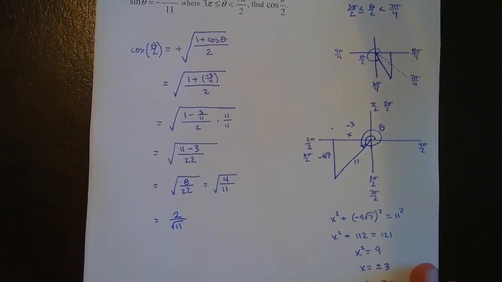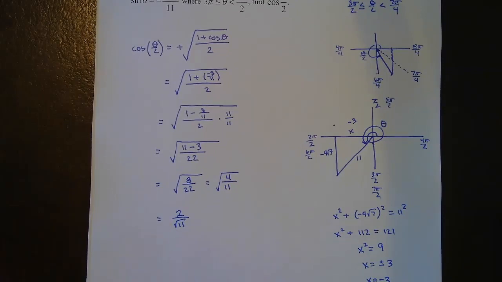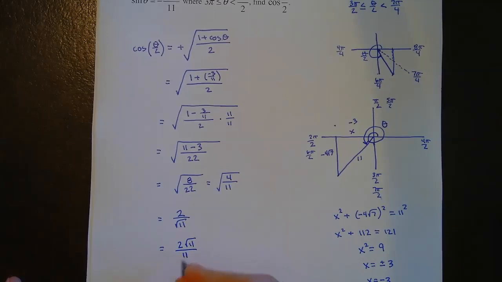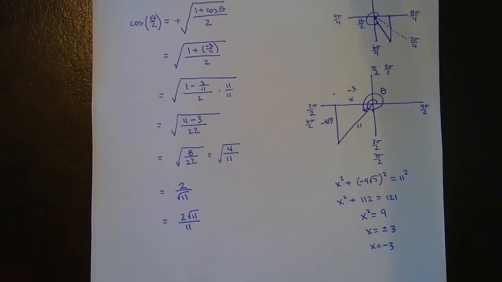We could rationalize the denominator here because this is a good answer. It's the right answer. It's just not the best answer. We multiply top and bottom by the square root of 11, and we get 2 square roots of 11 over 11. And that's cosine of theta over 2. A lot of work on that. So that's an example of how to use the half angle identity.